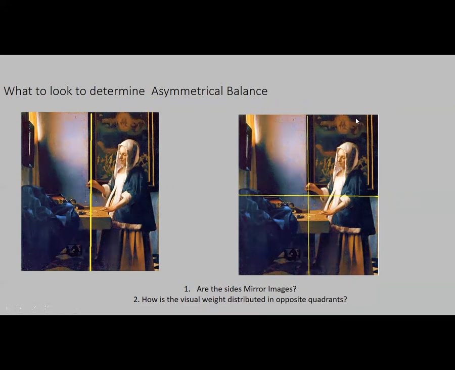And then you look at the opposite quadrants and think about, well, there's a lot of darks up here in the upper right. There's a lot of darks in the lower right, in the picture frame, in her jacket, in that big glob of cloth that's laying on that table, and the shadows under the table. And then when you look at the lower right quadrant and the upper right quadrant, there are darks, but not as much.